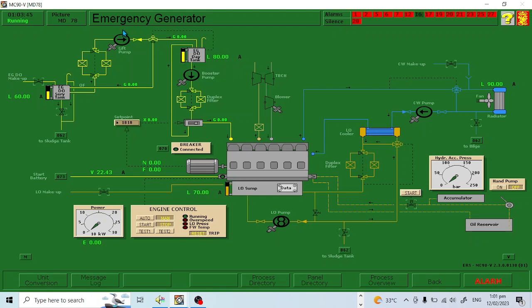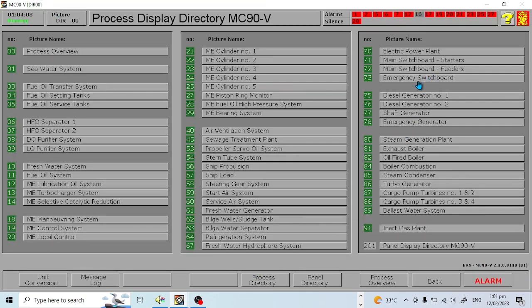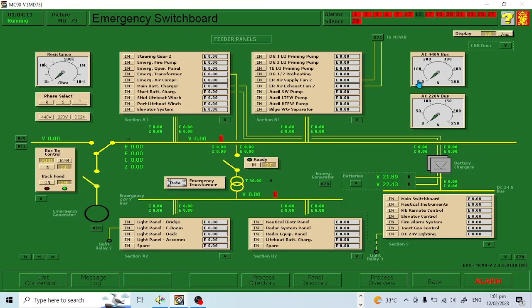Here, we have this emergency generator. Usually, they run the system by looking for the start, and then start, and then looking for the emergency switchboard, then pressing this button, this button, this button, because they are trying to beat the time.